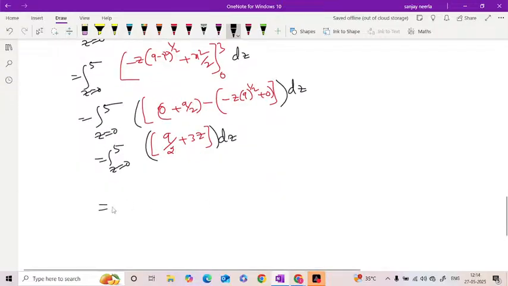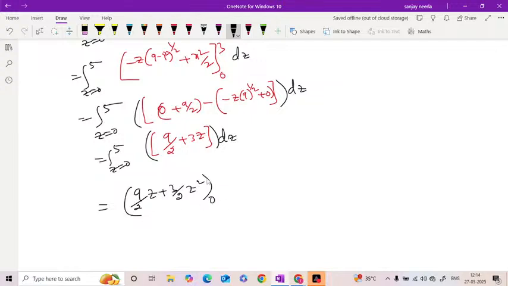The result is here. After integrating, 9 by 2 into z plus 3 by 2 into z square, limits 0 to 5. So 9 by 2 into 5 plus 3 by 2 into 5 square for the upper limit. For the lower limit, entirely 0.